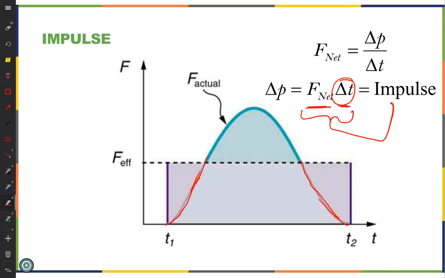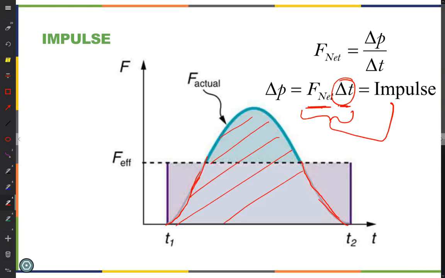And just like for finding distance traveled from a velocity versus time graph, or work done from a force parallel versus distance graph, we can find the impulse by taking the area under this curve. Because the vertical is the force net and the horizontal is the delta t's. You add up all the force net times delta t's, and you get the total impulse.